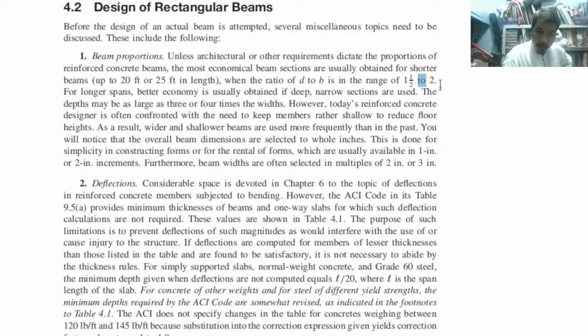The proportion meaning D is greater than B, and as the proportion, if you have the value of B, you can multiply by 1.5 or 2. That is the beam proportion. What about the next? Deflection.